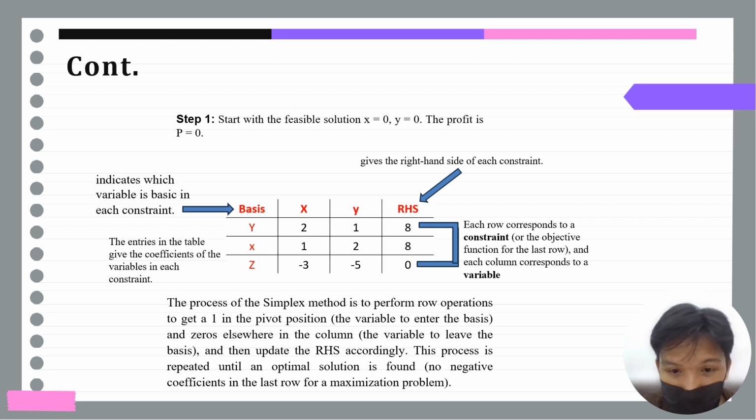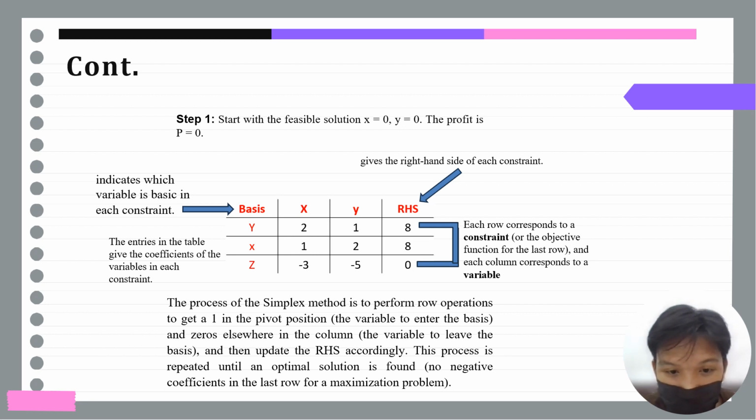Each row corresponds to a constraint or the objective function, and each column corresponds to a variable.